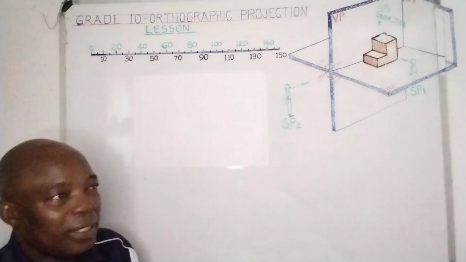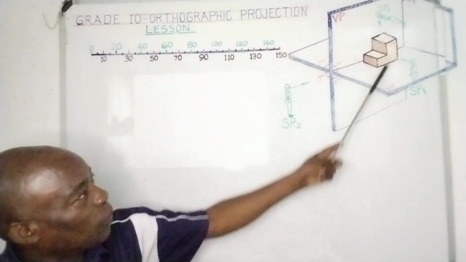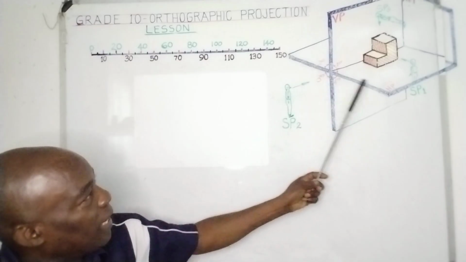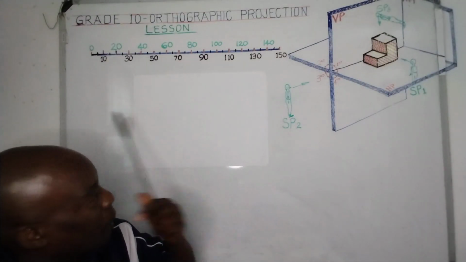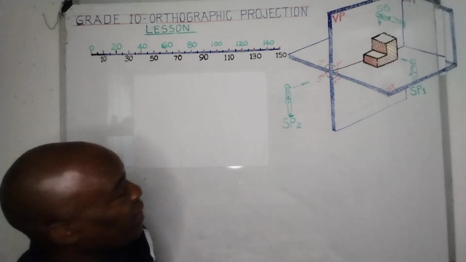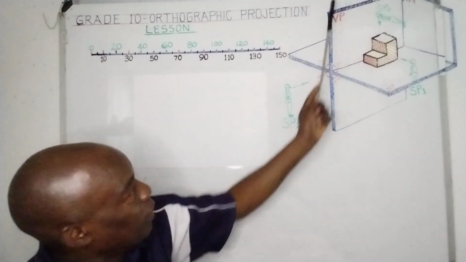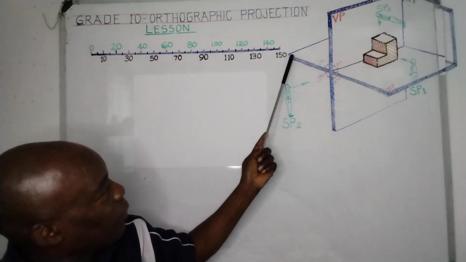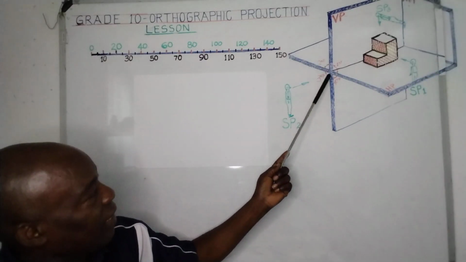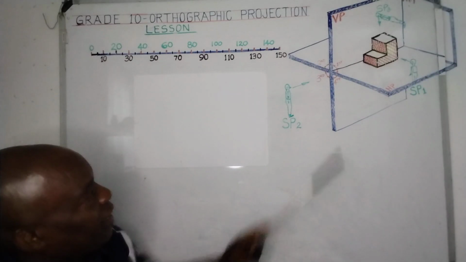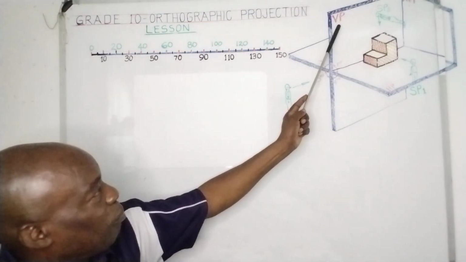So we've got two main planes here. The vertical plane, this one, intersected with the horizontal plane. So they are intersecting there. And then these planes have got names. This one is a vertical plane, and this one is also a vertical plane. So it's one complete plane, but intersected by this horizontal plane.